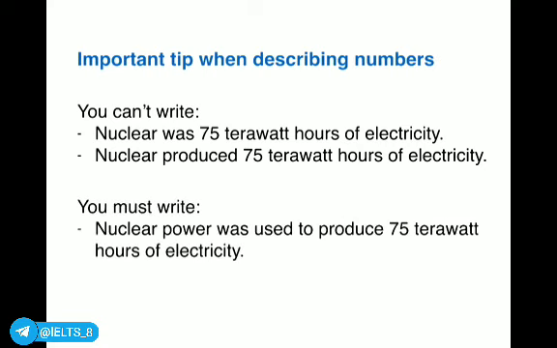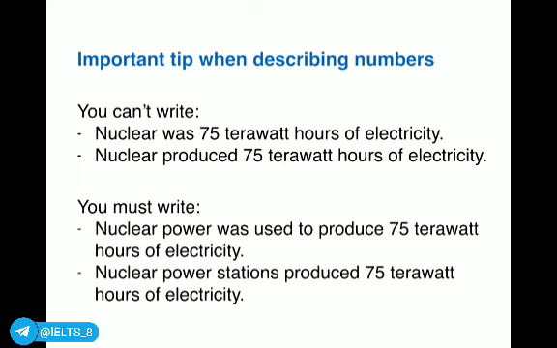Nuclear power was used to produce 75 terawatt hours of electricity, or nuclear power stations produced 75 terawatt hours of electricity. So it's the power stations that produce the electricity, not just the word nuclear. Be very careful with the subjects that you use, especially when just taking the word from the graph.